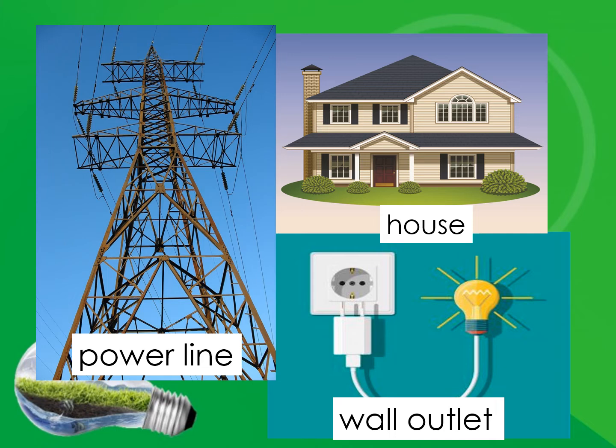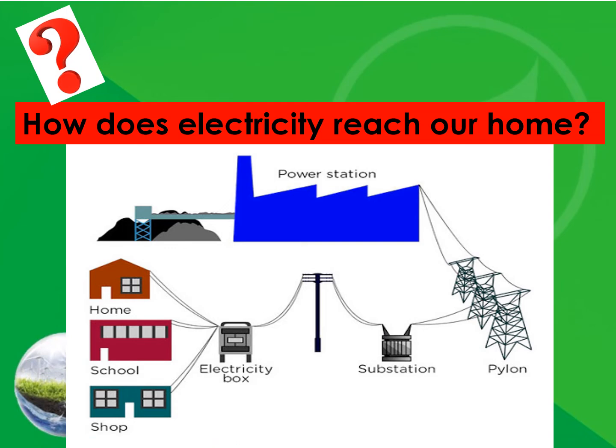So how come electricity reaches our home and we can get electricity if we use a wall outlet? Let's move on. So are you ready to know how electricity reaches our home?